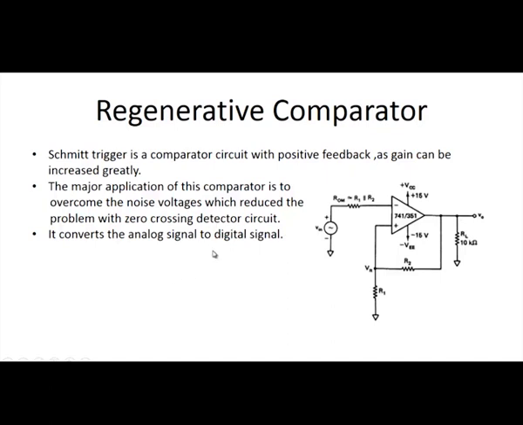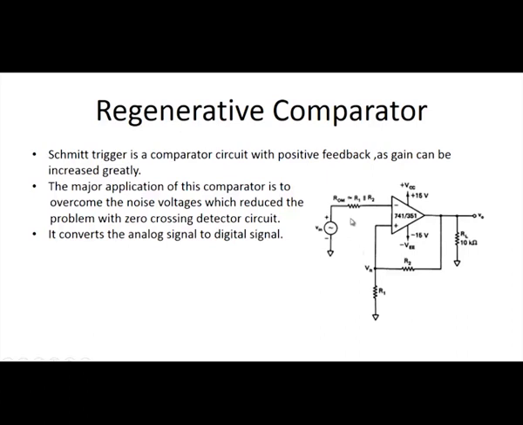It converts the analog signal to the digital signal. This comparator is going to convert this analog signal, say a sine wave, into a digital signal, a square wave at its output. So, how is this regenerative comparator going to convert this AC signal, a sine waveform, into a DC signal, or you can say a square waveform?